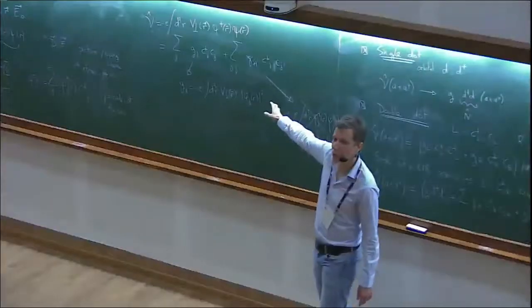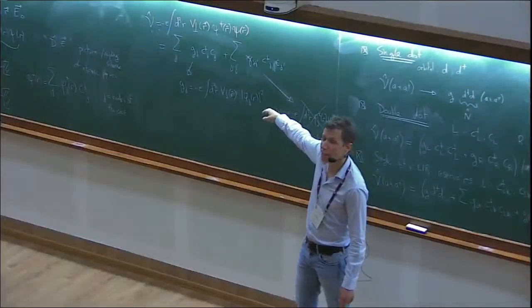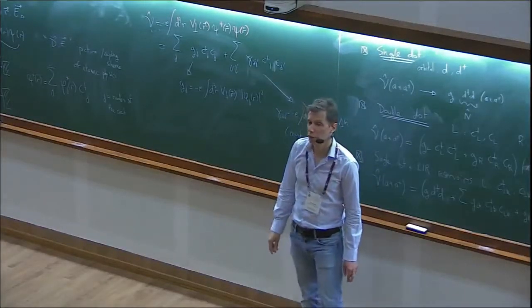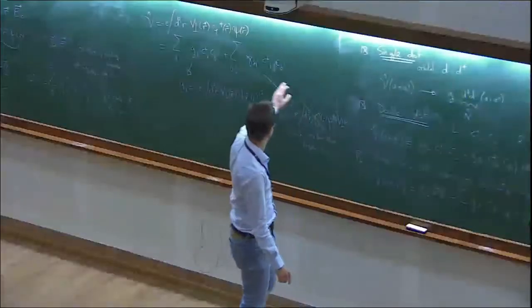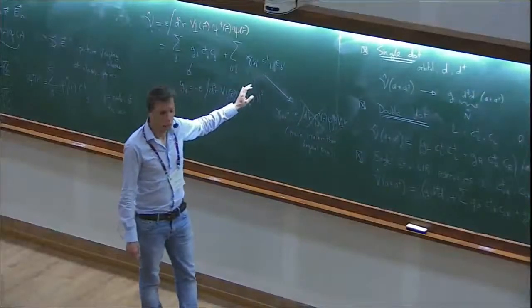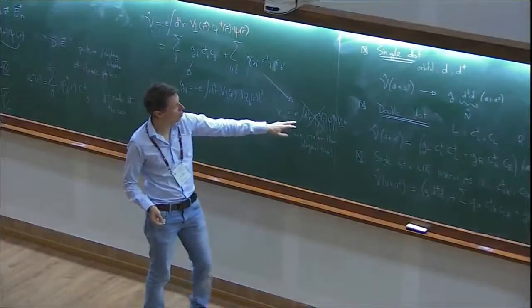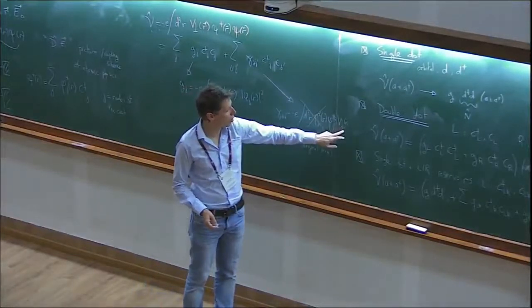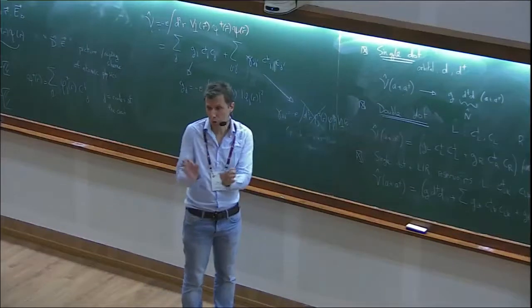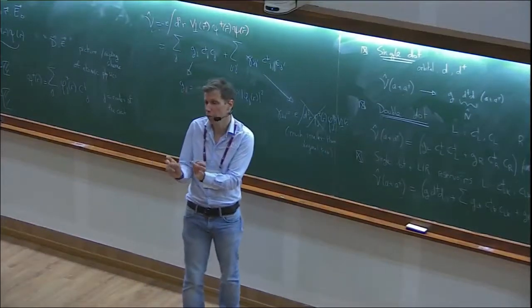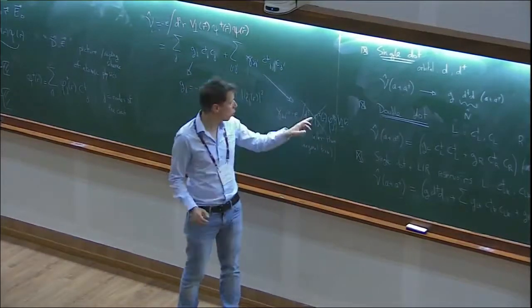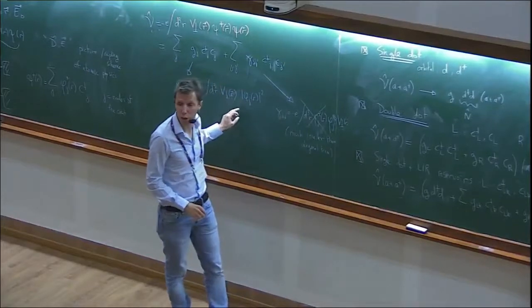I cross it out because these are weaker effects, but that's exactly this term. You could have off-diagonal terms, which is here. I cross it out because this is an overlap of the wave functions. This is a matrix element of the wave function. So if the orbitals are very much localized, this is a much smaller term than this one.